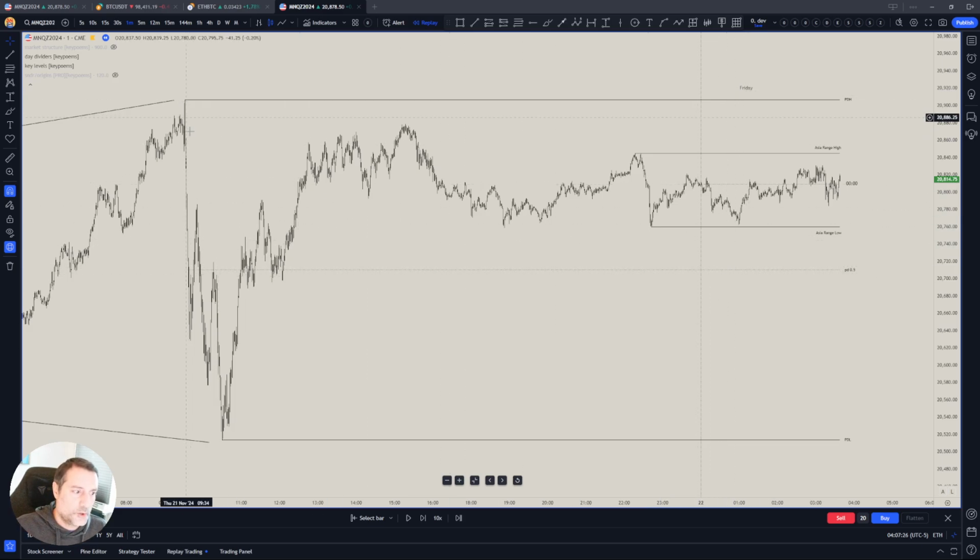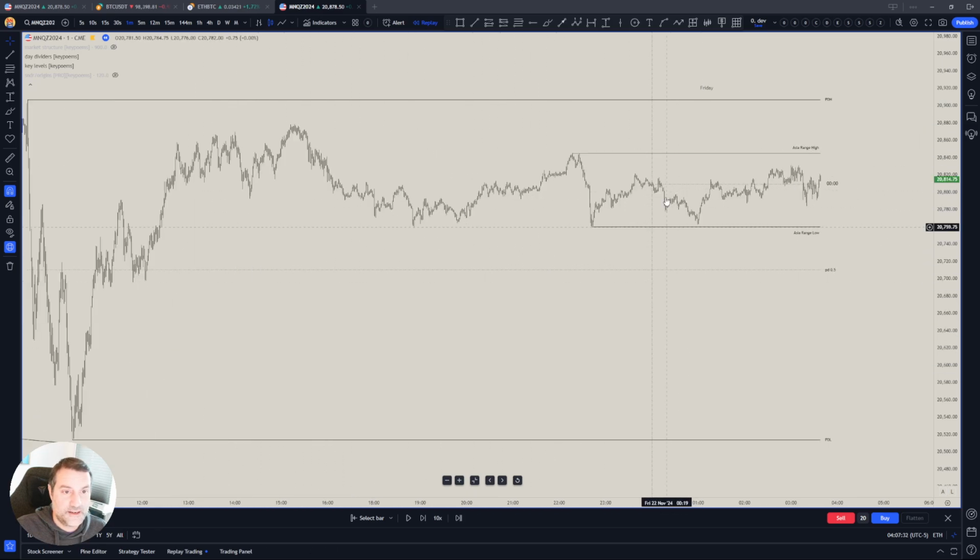And so we're working inside of this range, basically from the previous day, and the new day starts here at midnight. The actual close of the markets and reopening of the markets happened at 6 p.m. the previous day. 5 to 6, there's a 1 hour gap in the market that you can see here.